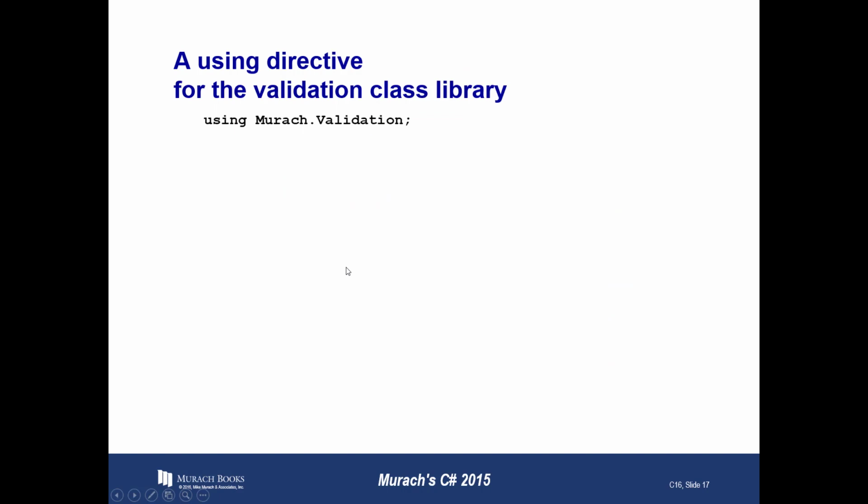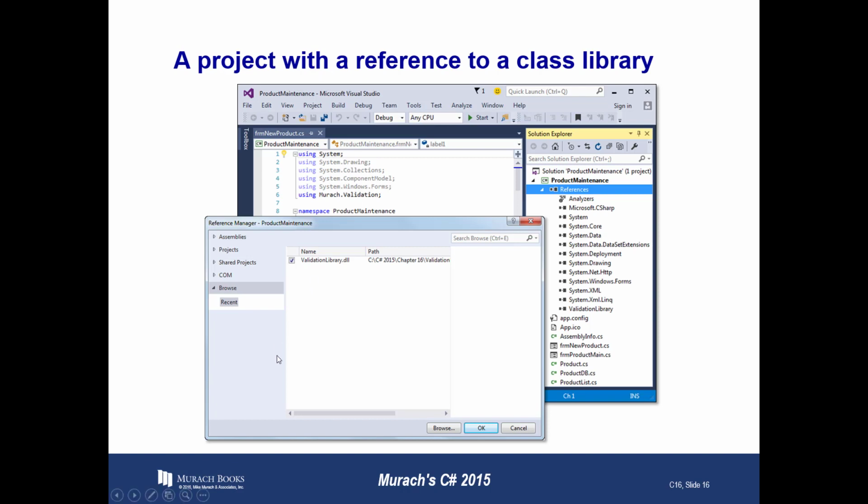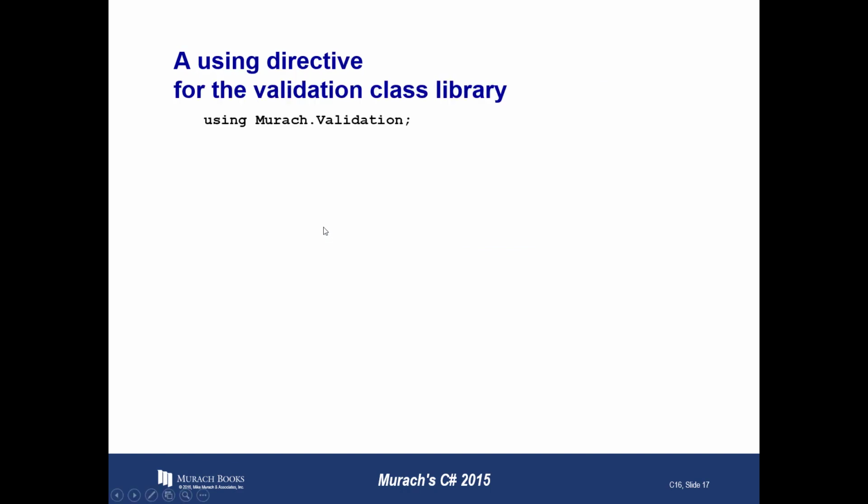Once you do that, you can use a using directive, as is shown here, and that will simplify your access to the class library. So you add the reference to the class library to your project by right-clicking the References folder in the Solution Explorer and selecting Add Reference.